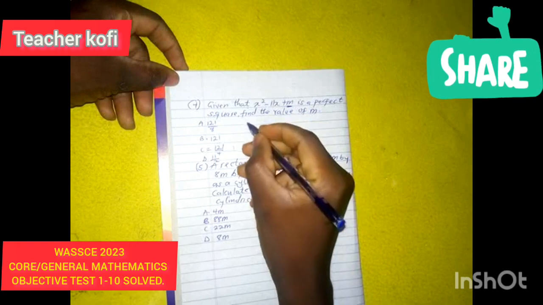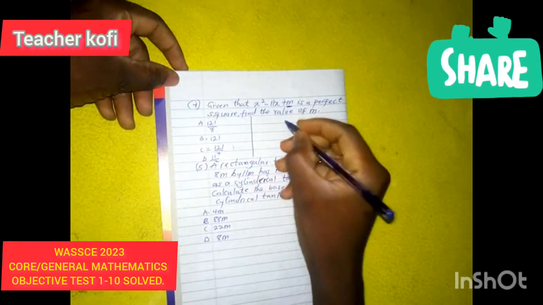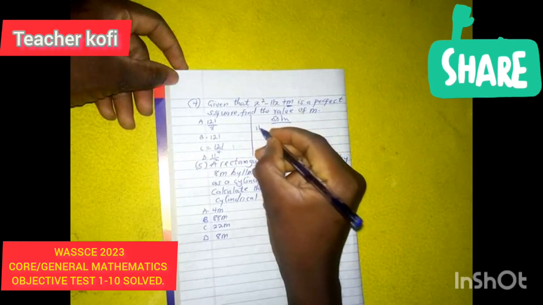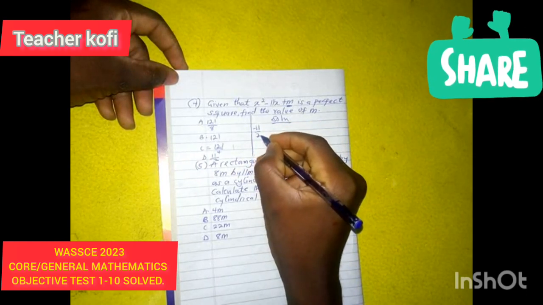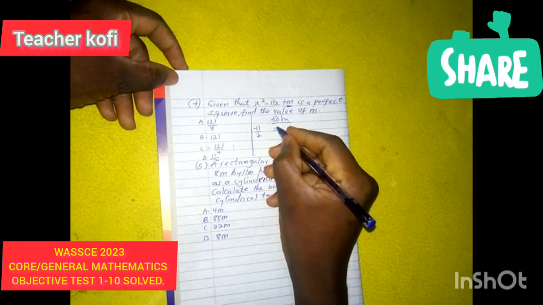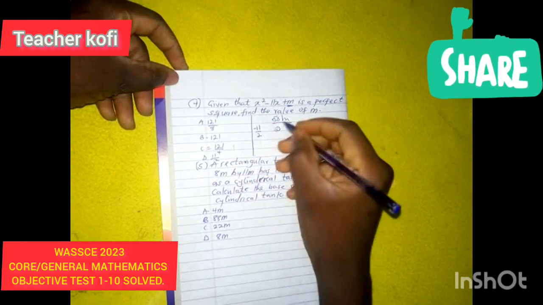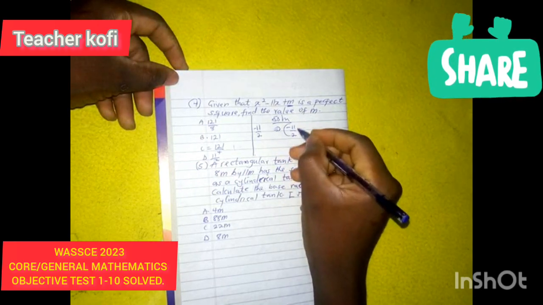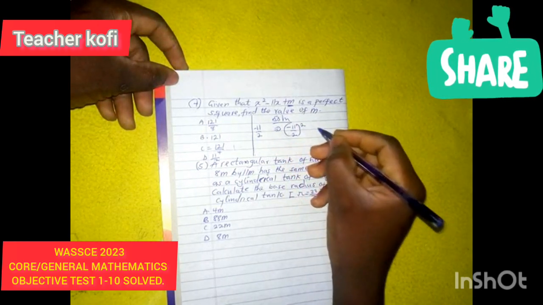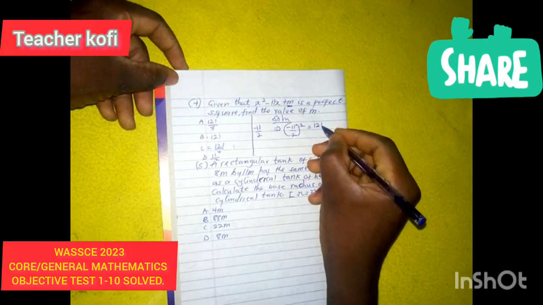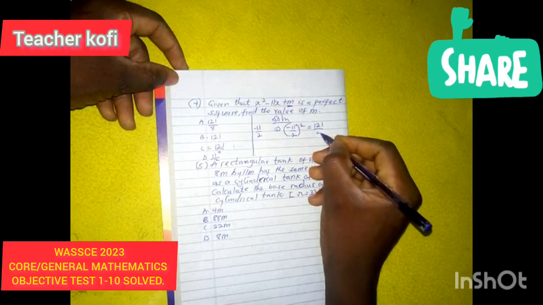So let's do it this way. We divide minus 11 by 2. After that, we will then square all the sides. So it is minus 11 over 2, all squared, which will give us 121 over 4.